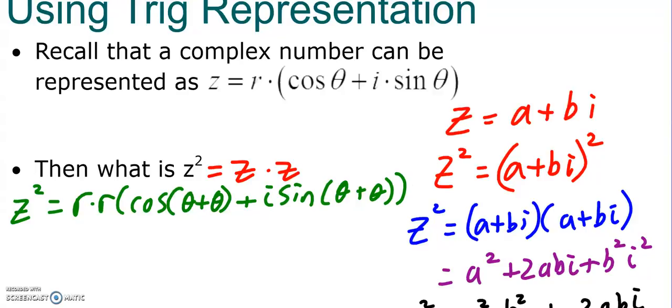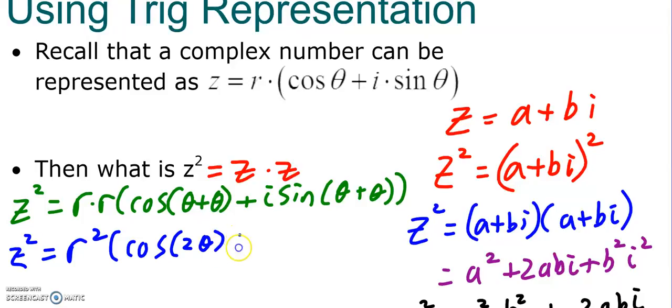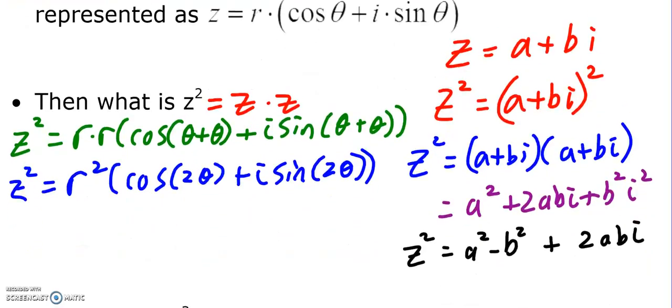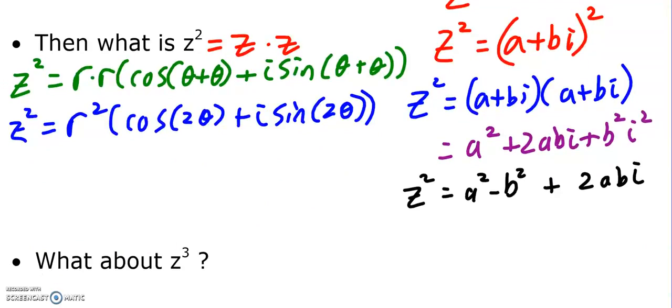Or a simpler way to write that is z squared is r squared cosine of 2 theta plus i sine of 2 theta. The point is, notice that that was pretty easy to do. It wasn't that hard in standard form, but still the trig form was easier, and especially when we get to z cubed, trig form can be even easier, because I know that z cubed is z squared times z.